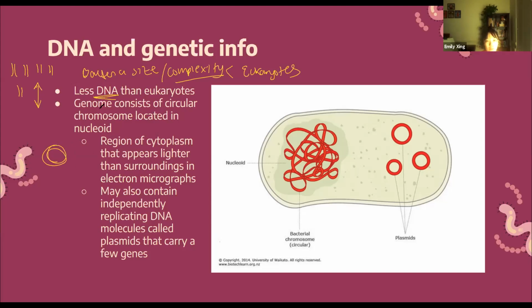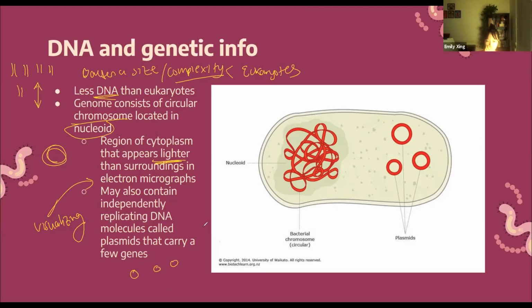And so these circular chromosomes are located in the nucleoid, which appears lighter than the surroundings in electron micrographs, which are a way of visualizing. They may also contain independently replicating DNA molecules called plasmids that are also circular.